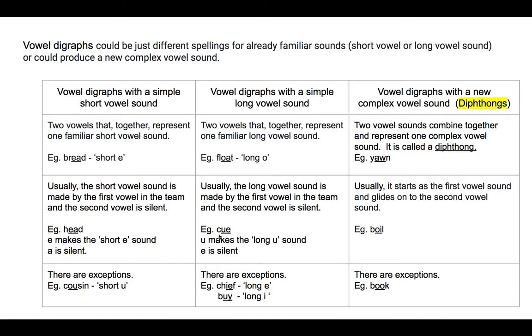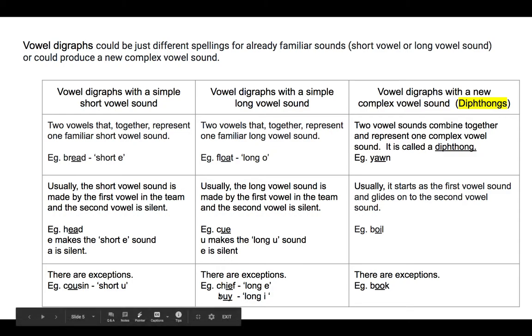For example, cue. Here the first vowel U makes the long U sound and the second vowel E is silent. But there are exceptions. For example, chief. Here the first vowel is I, but this digraph makes the long E sound, ch, E, f, chief.